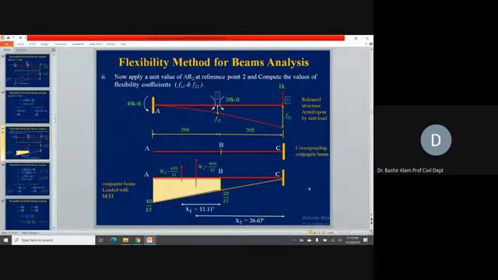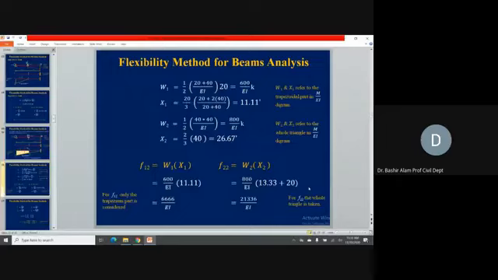So that way you can find out F22. So we go to the next slide, and there you can see all these numbers. So here you see now F12 exactly, it is coming out equal to 4/6 divided by EI, and F22 is becoming this value. Remember, F12, it is not matching the F21. It means there is something wrong with the calculation, so we need to revise.